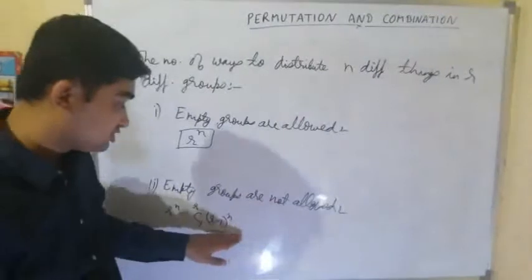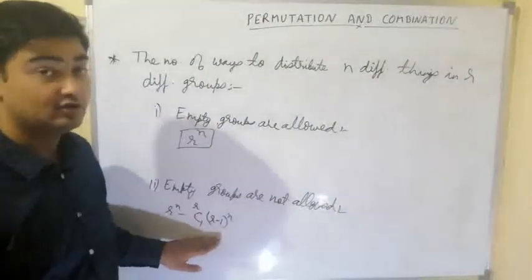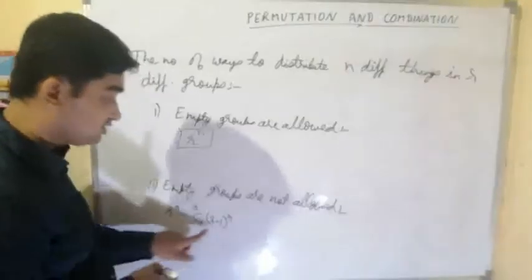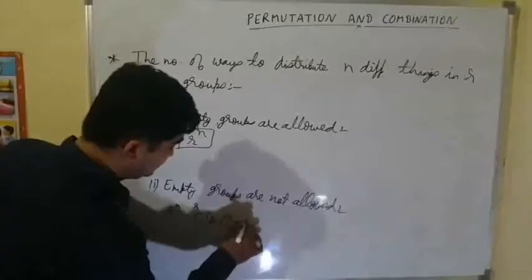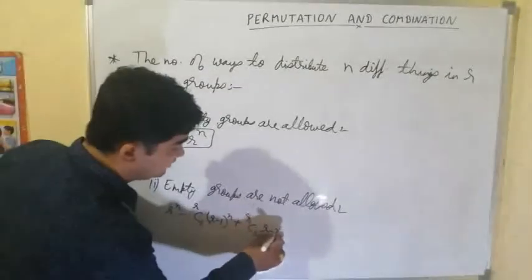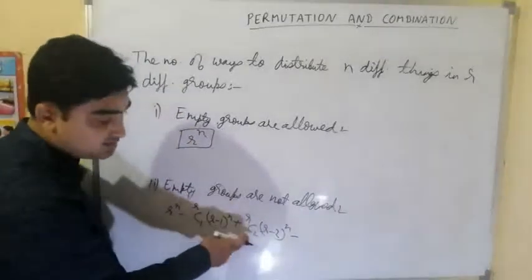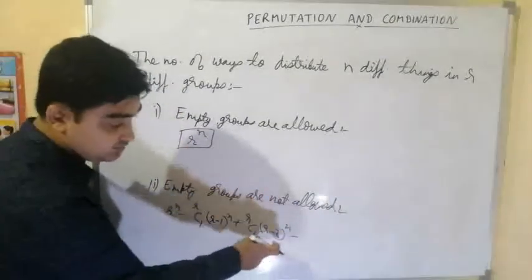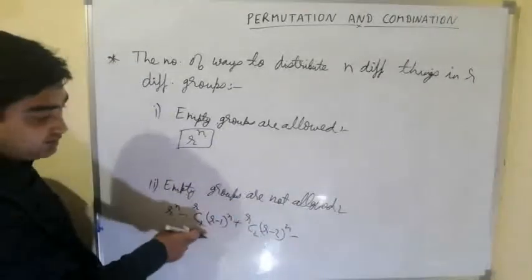So it contains all the possibilities where at least 1 is empty, but more than 1 can also be empty. So that we have subtracted, so that we have to add. Then what will happen? Plus RC2 (r minus 2) power n. Then again we have to subtract, because we have added this. Again we have to subtract the cases where 3 we have added. Here we have added 3, here we have added 3, here we have subtracted 3.